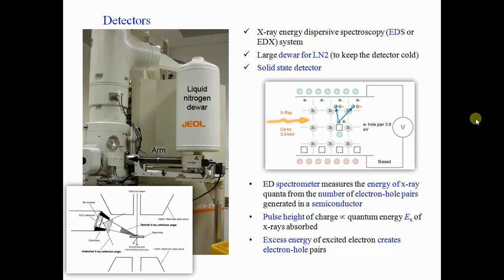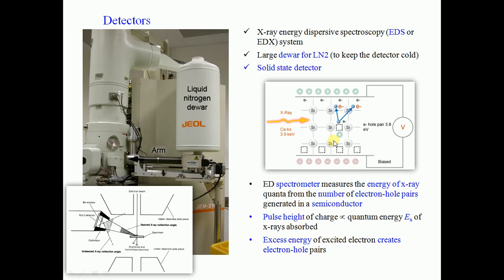So a semiconductor detector is the primary, important choice, and generally these are used in X-ray energy dispersive spectroscopy, EDS or EDX systems, which contain a large dewar of liquid nitrogen. This is kept for the detector, a cold solid state detector, particularly a silicon type of detector. When an X-ray falls on the semiconductor, electron-hole pairs are generated.